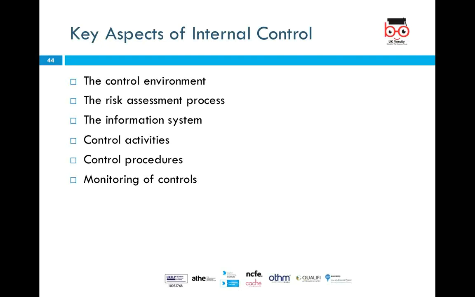So there are key aspects of internal control for managing the money. The control environment, definitely, that should be ensured by the management and the owner of the company; the risk assessment process, how the risks are assessed; the information system, the reporting, the chain of command, the structure and hierarchical level of the company; and the activities, the control procedures and monitoring of control.